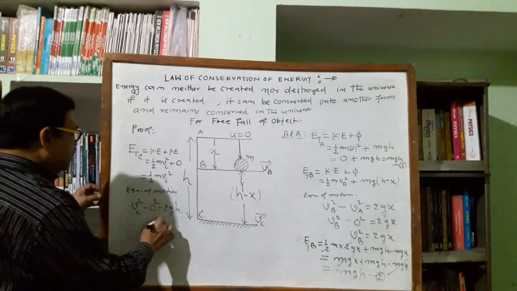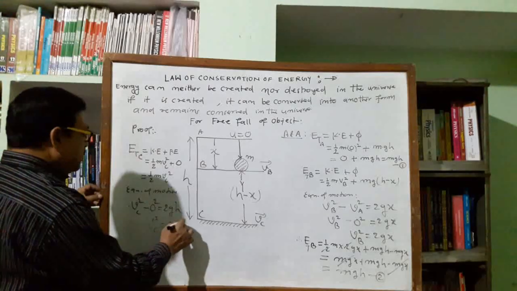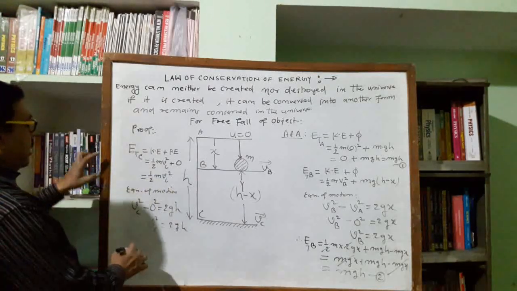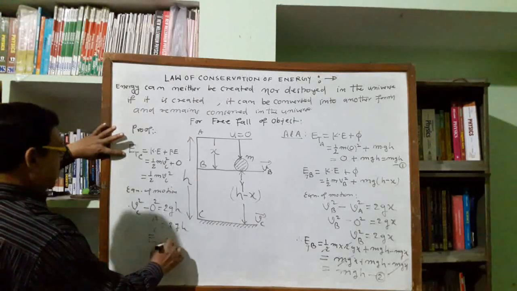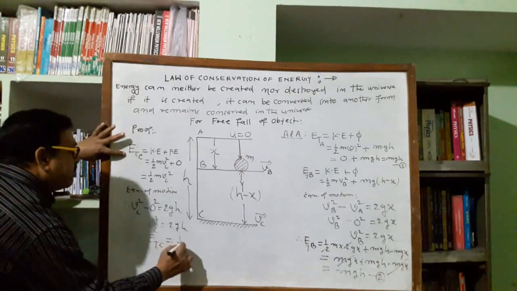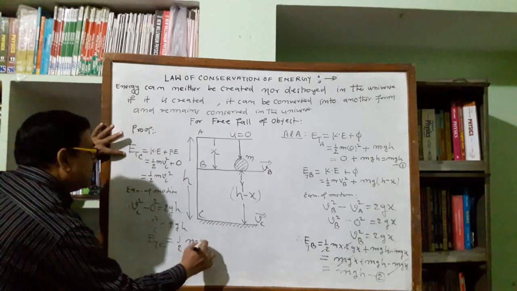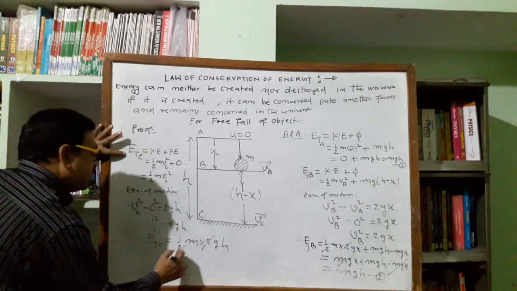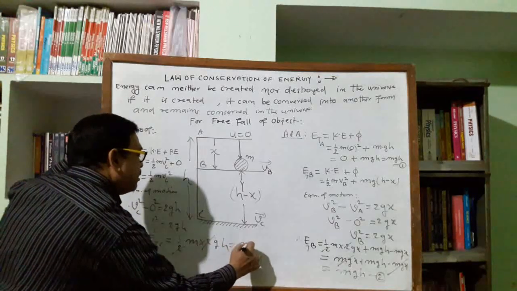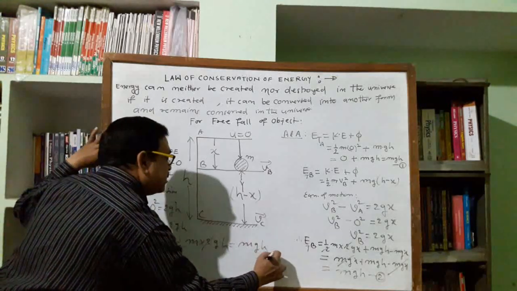So we get v square as 2gh, and we put the value for finding the total energy: 1 by 2 m, and v square is 2gh. So 2 is cancelled out, we get the value mgh. This is the third equation.